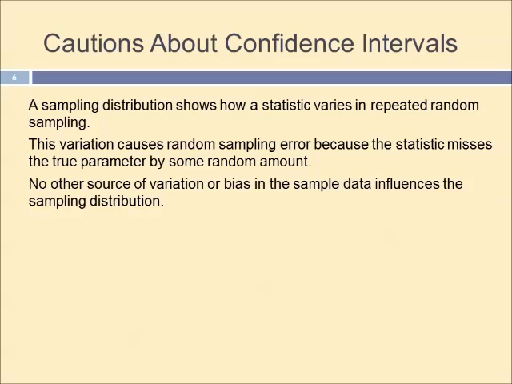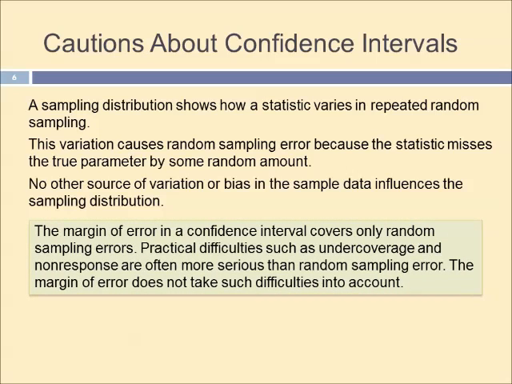So, some cautions about confidence intervals. A sampling distribution shows how a statistic varies in repeated random sampling. This variation causes random sampling error because the statistic misses the true parameter by some random amount. If no other source of variation or bias in the sample data influences the sampling distribution, the margin of error in a confidence interval covers only random sampling errors.